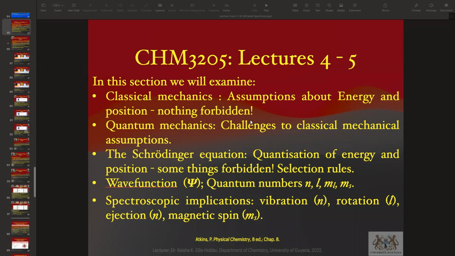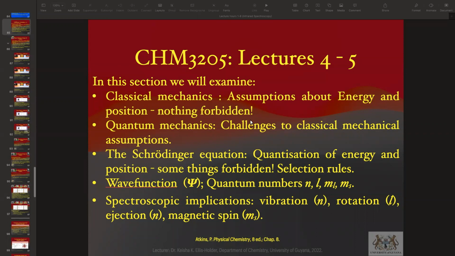All right, so today's class is going to be centered around building or filling the gaps with regards to the foundation pertaining to spectroscopic techniques, and more specifically in this case, infrared spectroscopy. And so one of the things that we will do is we will start off discussing some of the assumptions that were initially made in classical mechanics, and essentially give some kind of attention to how those assumptions would have been challenged first, and then would have had to undergo some kind of adjustment to accommodate the actual realities that represent our world.